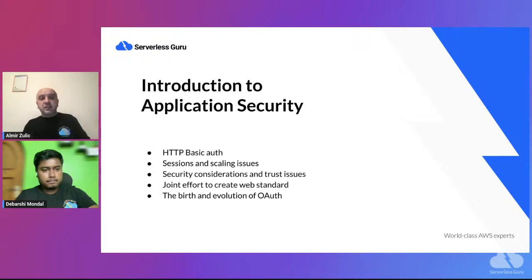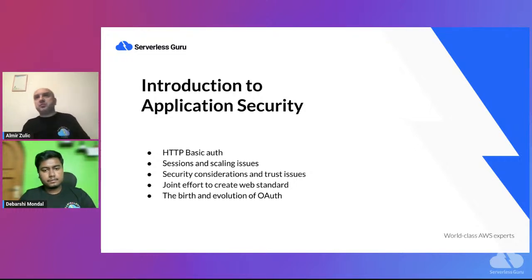They created a committee, and they created a web standard for authentication to solve these issues, and that's how OAuth was born. They very well defined the specification, and the implementation of OAuth is now pretty much the same everywhere.